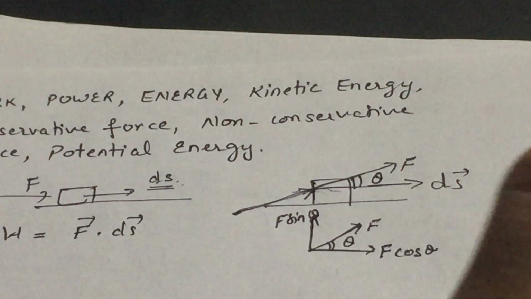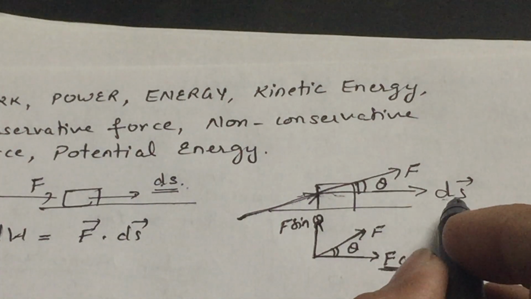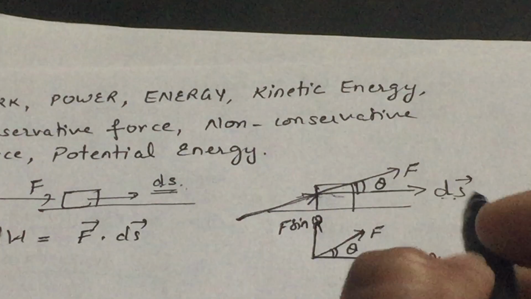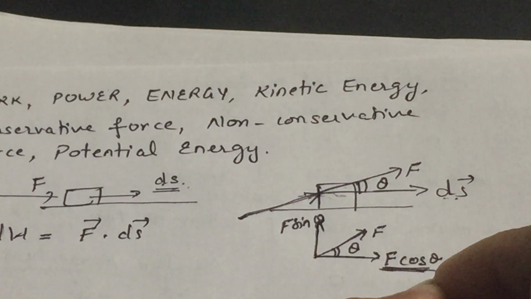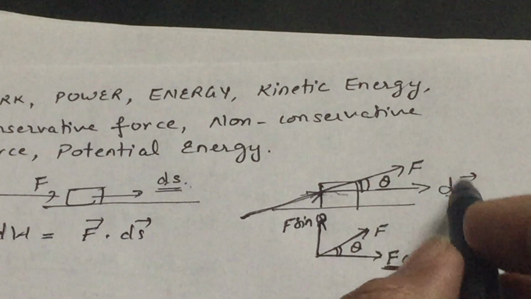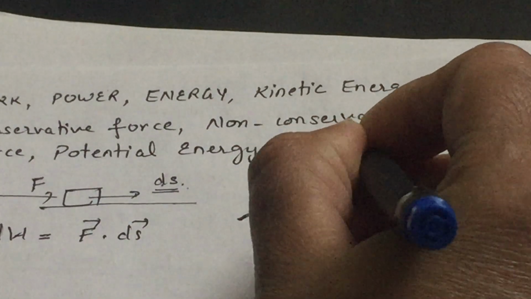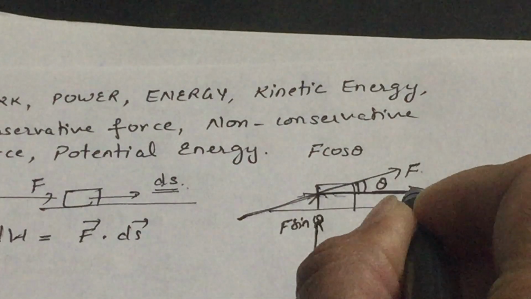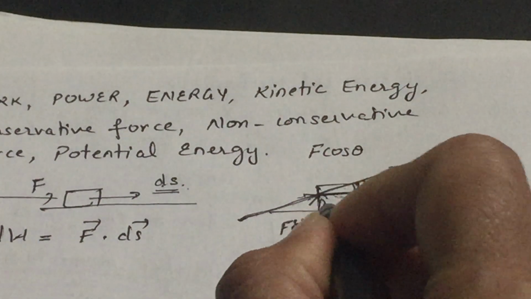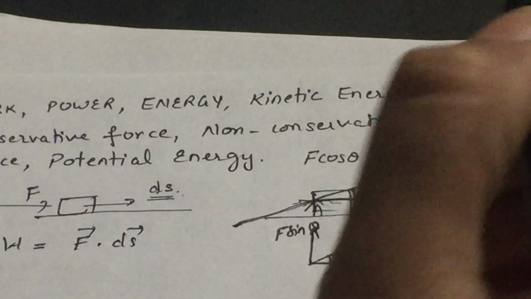And we are talking about the component along the direction of displacement, and in our case the horizontal component is in the direction of the displacement. Hence we will take the force as F cos theta, because only the F cos theta component is working to displace the body from A to B with displacement ds.